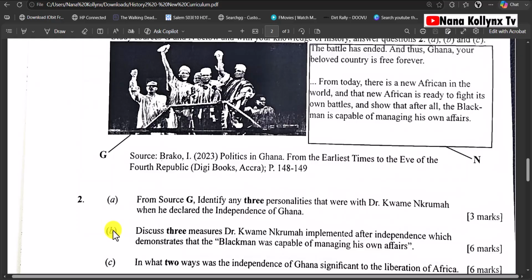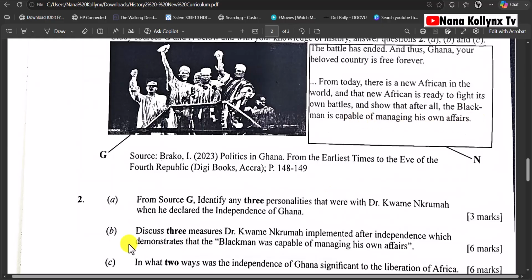Then we have source B. Question number B says discuss 3 measures Dr. Kwame Nkrumah implemented after independence which demonstrate that the black man was capable of managing his own affairs. Remember, Nkrumah said here in source A, he said the battle has ended and thus Ghana, your beloved country, is free forever. From today, there is a new Africa in the world, and that new Africa is ready to fight its own battle and show that after all, the black man is capable of managing his own affairs.